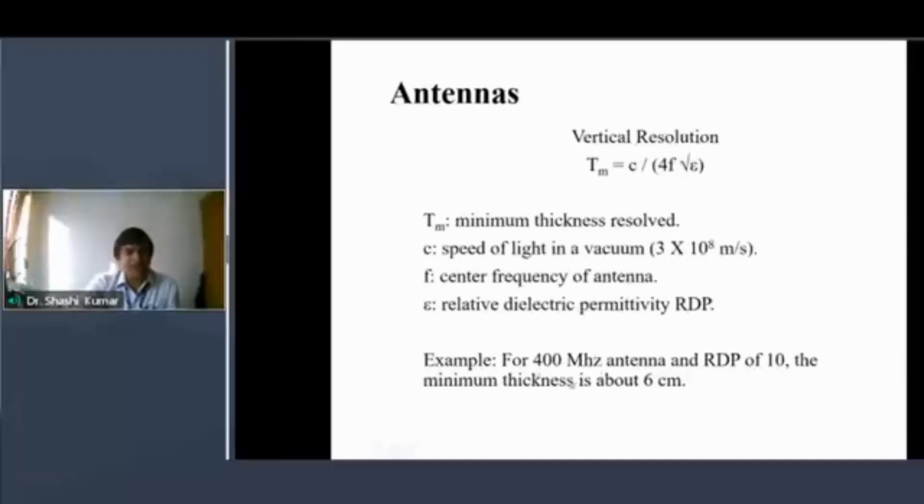Here one example is given. If a 4 megahertz antenna is there, with relative dielectric permittivity 10, the minimum thickness that could be detected is about 6 centimeters. Since C is generally fixed, the vertical resolution mainly depends on the frequency as well as the RDP.